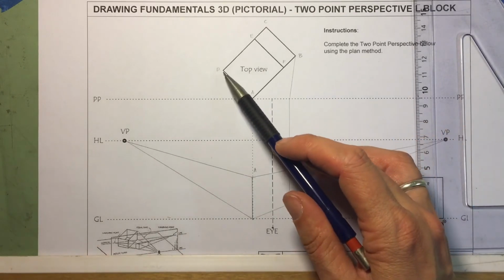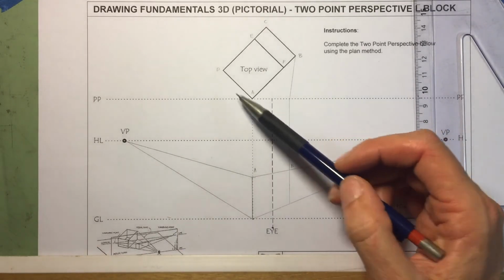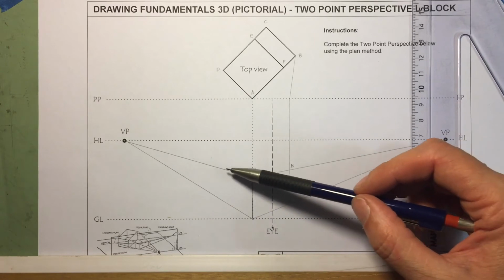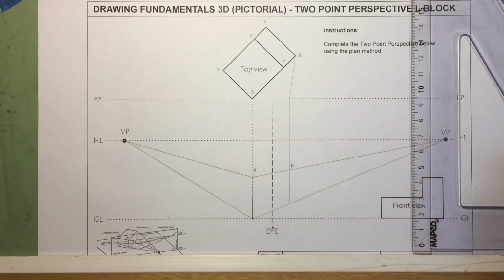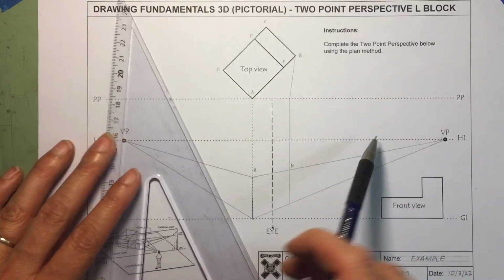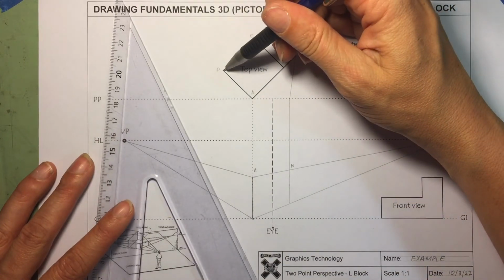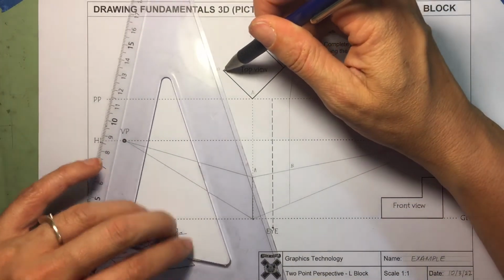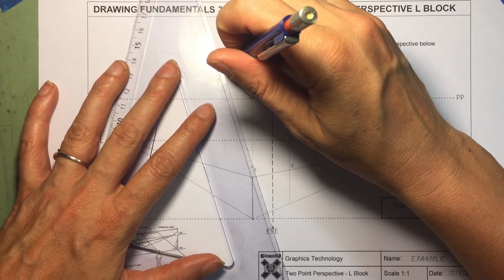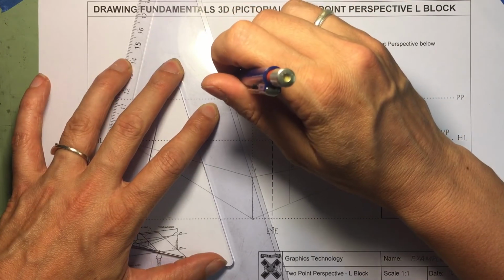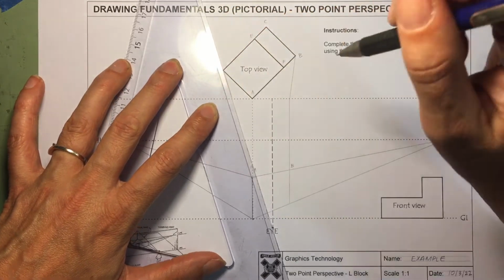And we can do the same thing for D. So this face AD is out here somewhere. So D is back here somewhere, and we're going to find it. So if we line D up with our eye right there, and again drop it down to the picture plane, and just stop.